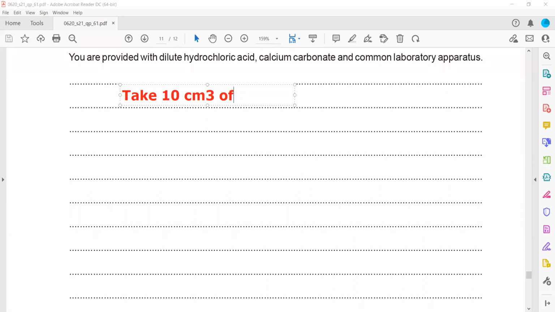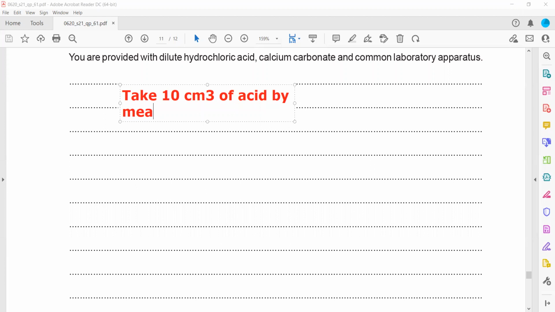And it's better if you mention the apparatus as well, like how you will take 10 cm cube of acid. We can mention using a measuring cylinder, or if you want to transfer quickly, we prefer a measuring cylinder. If we want an accurate measurement, because volume can affect the rate, we should use a pipette or a burette. But I cannot use a pipette here because in a lab the 25 cm cube pipette is more common.